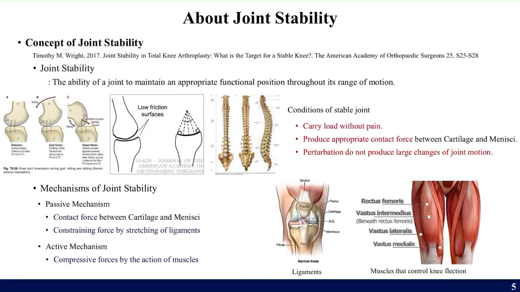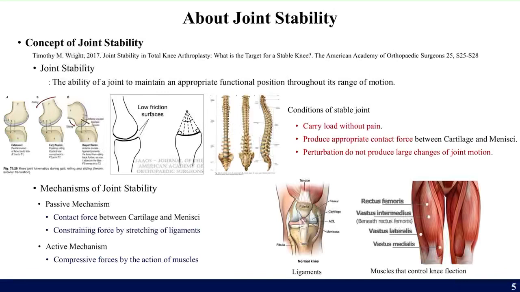And second is the joint should produce appropriate contact force. This is also called the reaction force. And the third one is the little change should not produce the large changes of the joint motion. And my research will focus on the third condition.